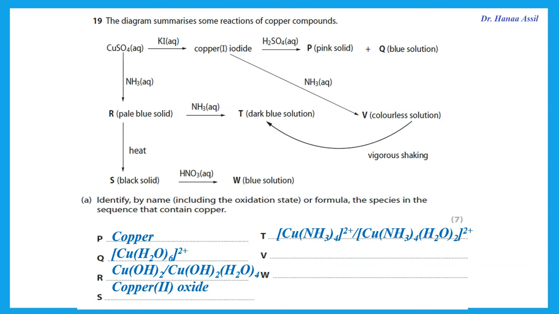T is a copper 2 plus complex, and V is a copper 1 complex with ammonia, and of course W is the copper with 6 water ligands, copper 2 plus.